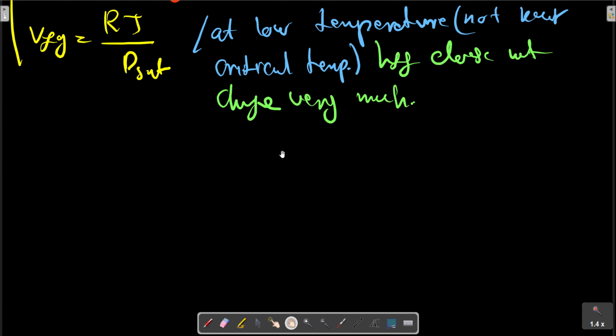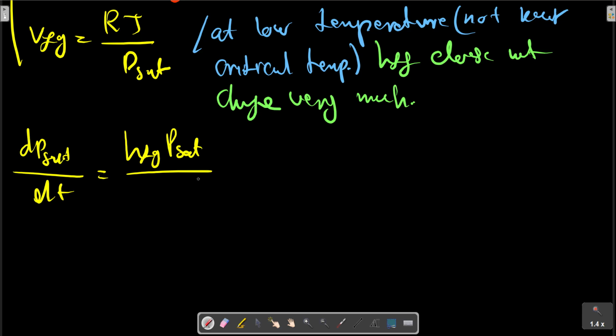So we have this relation: dP saturate on dT equals hfg P saturate on R T squared.